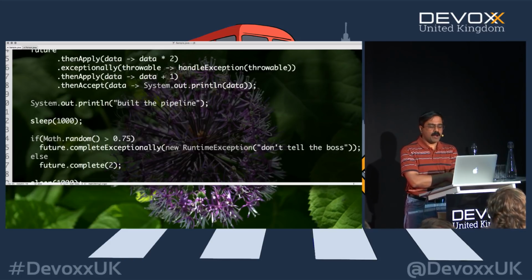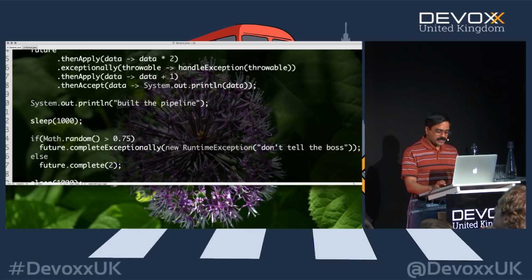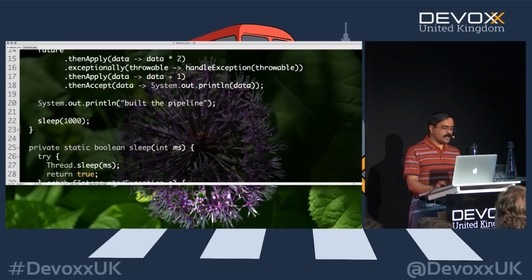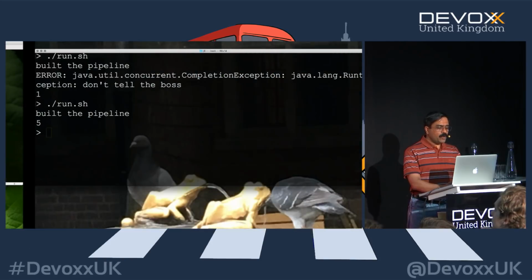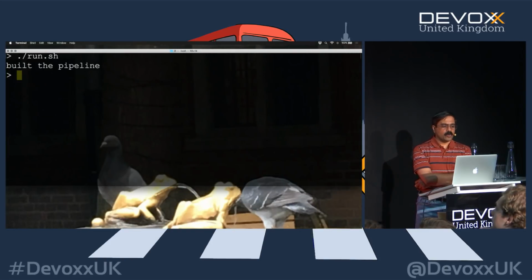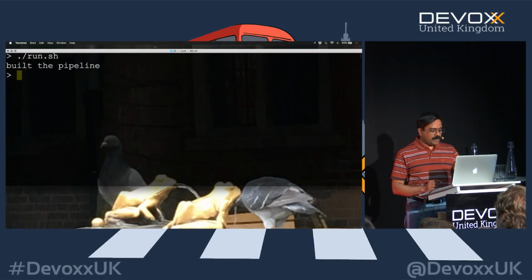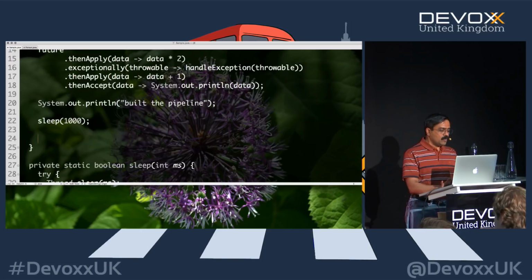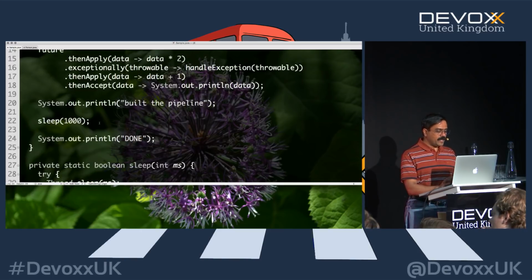But there is one problem in this code, and let's go back to this code for a second. If we were to run this code without this last part, what's going to happen now? Well, notice we have a pipeline in front of us. We execute the code, we build the pipeline, but as time goes on, what's going to happen at the very end? Well, I'm going to say done over here.